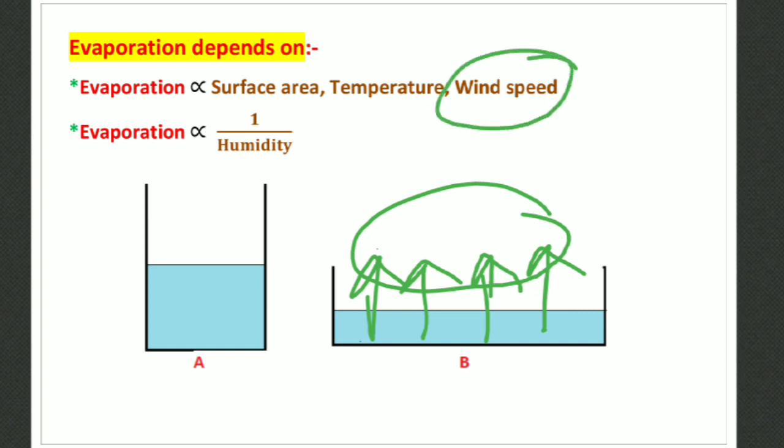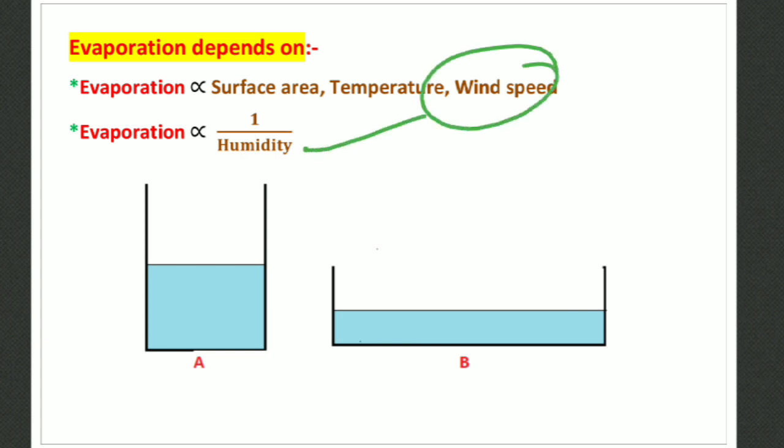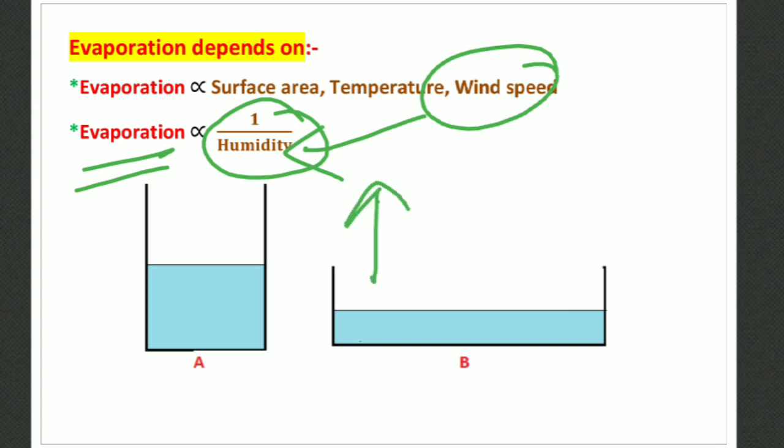This wind speed is also related to humidity. As you can see here, evaporation is inversely proportional to humidity. When you increase the humidity, the evaporation decreases. On the other hand, it is directly proportional when you increase the surface area, the temperature, or the wind speed, the evaporation also increases.